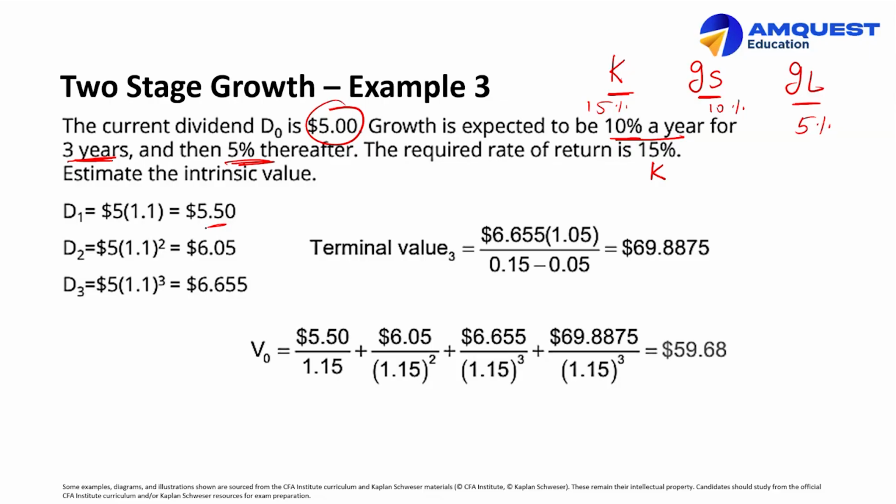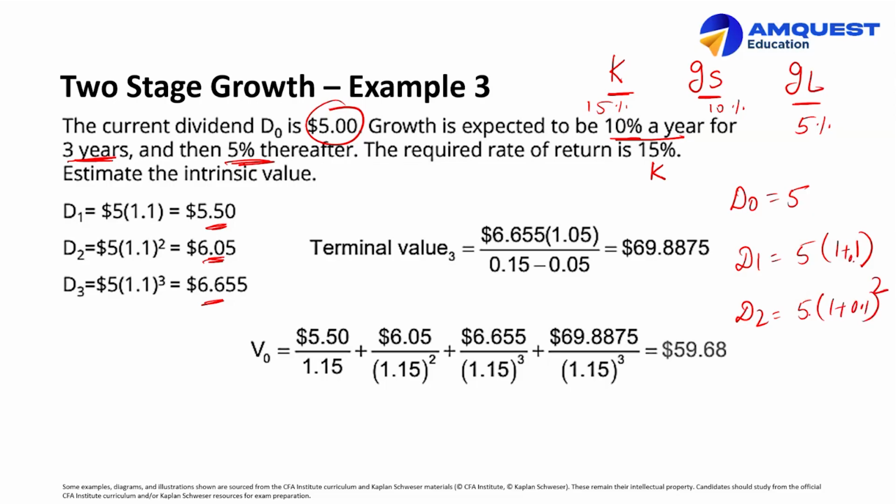D1 is 5.5, D2 is 6.05, D3 is 6.655. आज का डिविडेंड D0, next year will become 5 multiplied by 1 plus G और G है यहाँ पे 10%. D2 is going to be 5 multiplied by 1 plus 0.1 raised to 2.